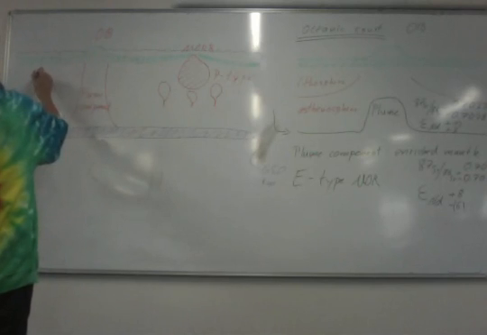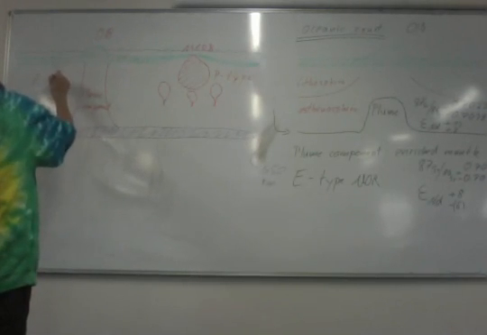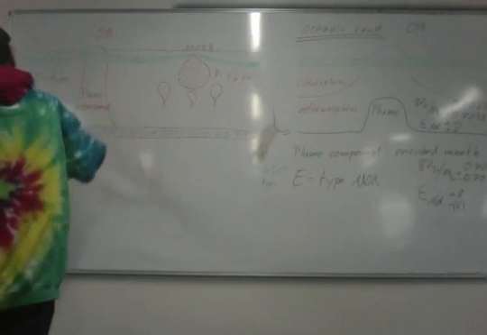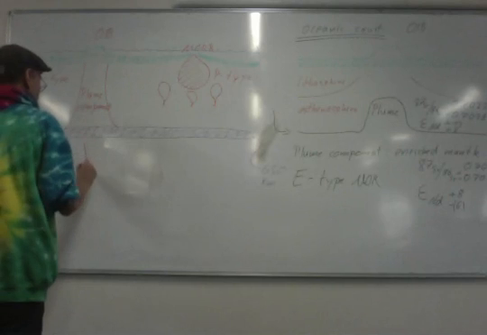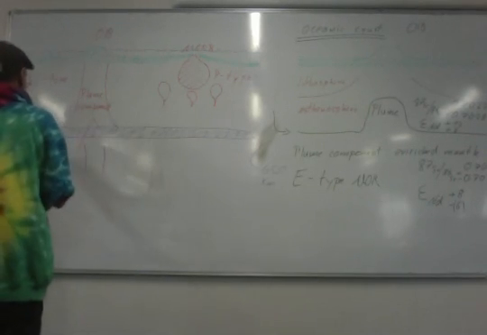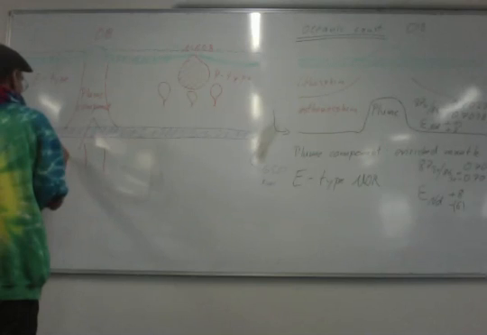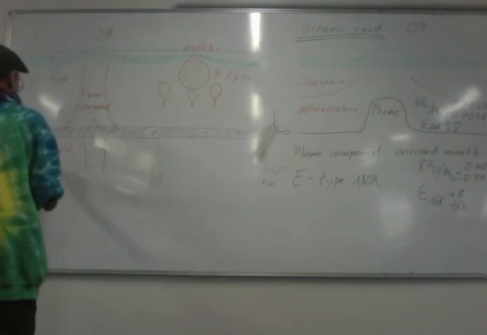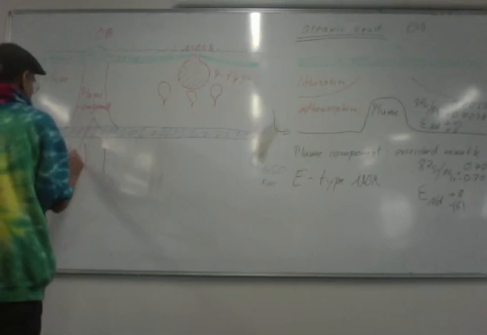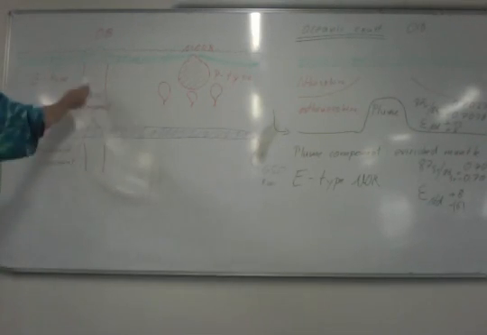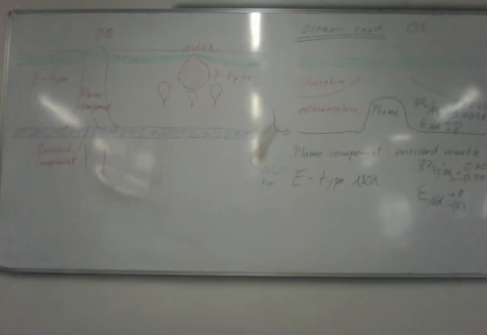So that is the plume component, and here we're talking then about E-type. And the E-type is then the enriched mantle. You have there a second component coming from here. Yeah, that is the second component. That is then the enriched component.